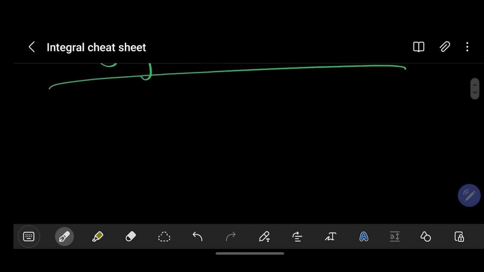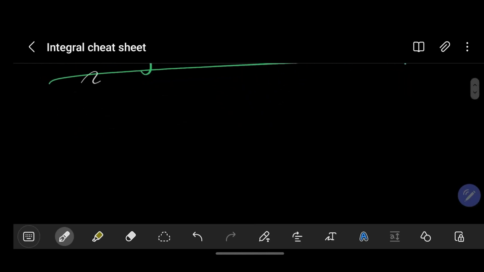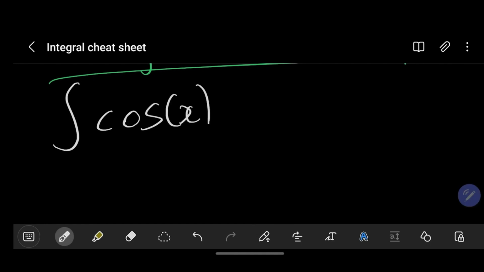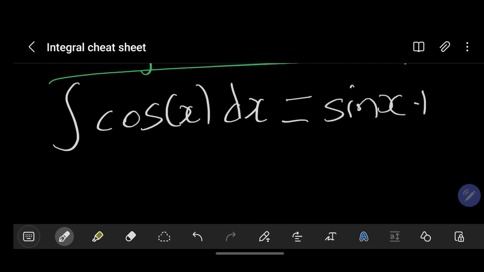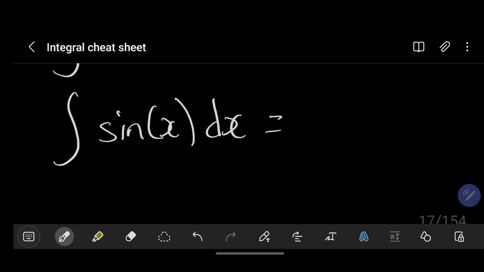So the first one is the integral of cos of x dx, and that's equal to sine of x plus c. Don't forget the c. Then we have the integral of sine of x dx, and that's equal to minus cos of x plus c.